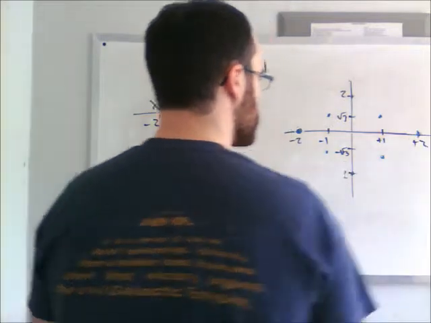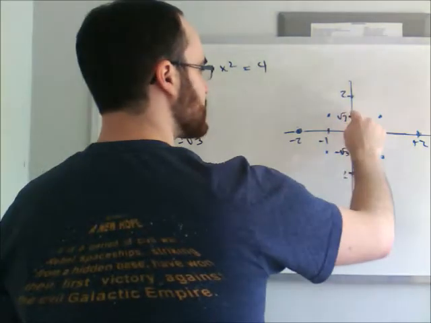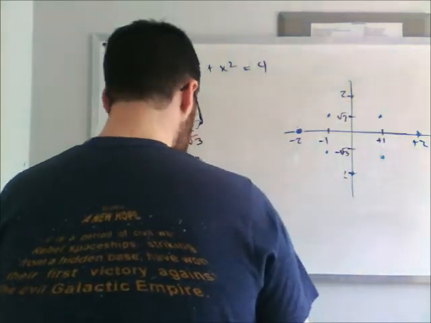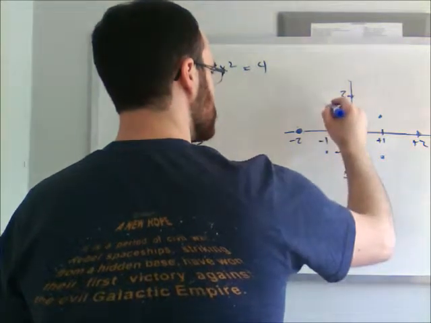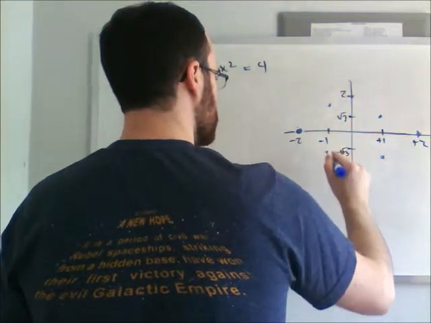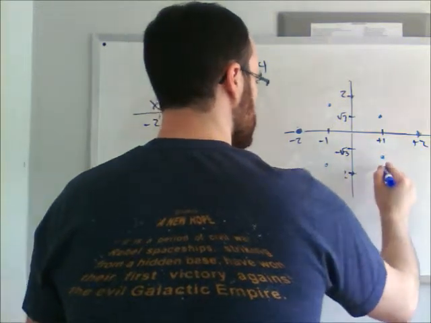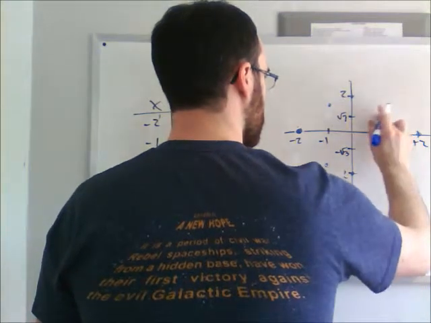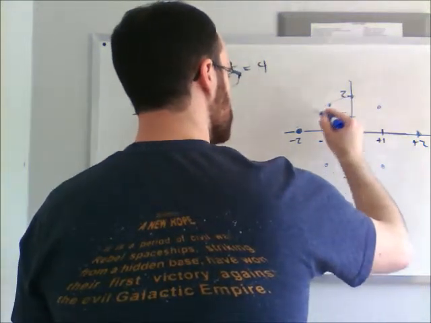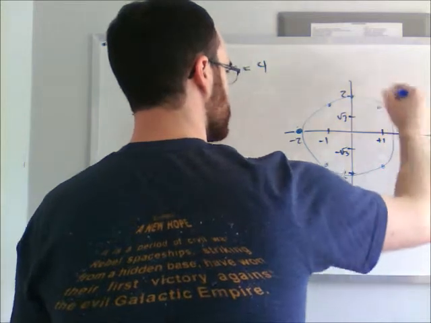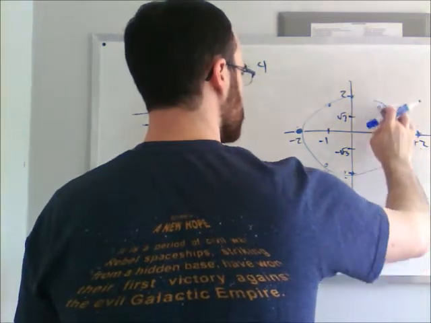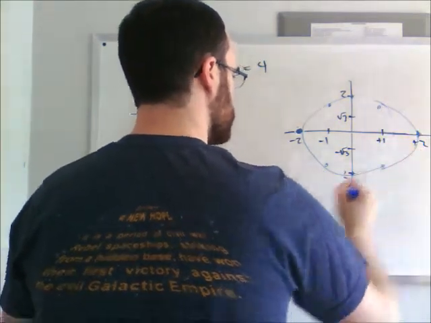The reason this looks like a diamond is because √3 is actually a little bit bigger than 1. So it should be a little bit raised, somewhere about here, here, here, and here. And that forms our basic circle shape.